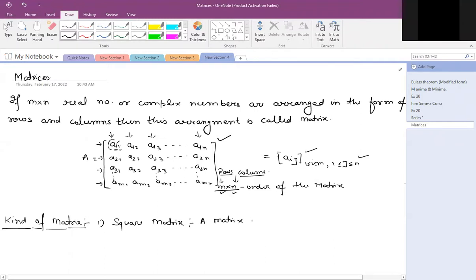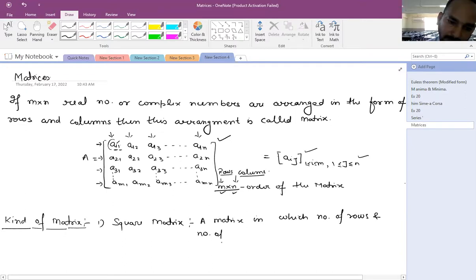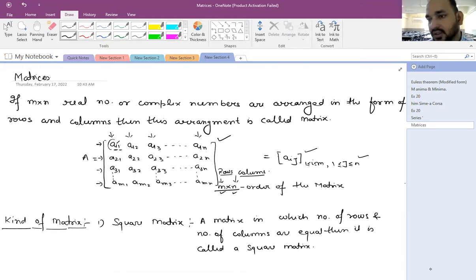M equals N. A matrix in which the number of rows M is equal to N, the number of columns, are equal, then it is called a square matrix. A matrix in which the number of rows and number of columns are equal, then it is called a square matrix.